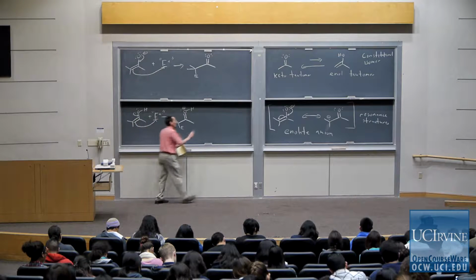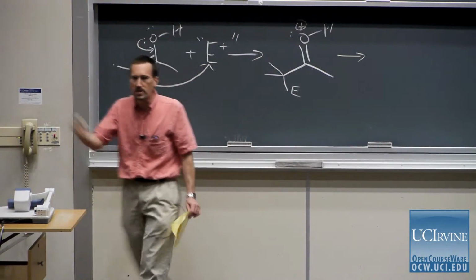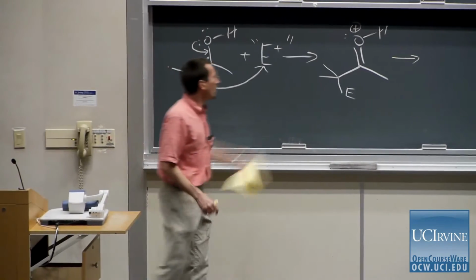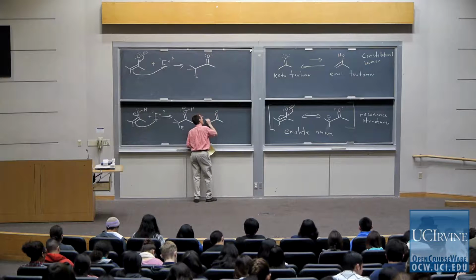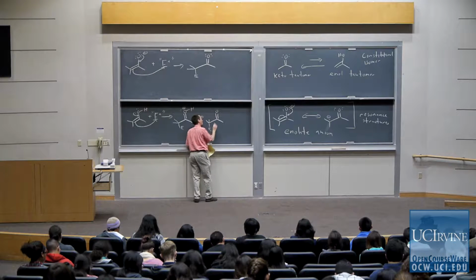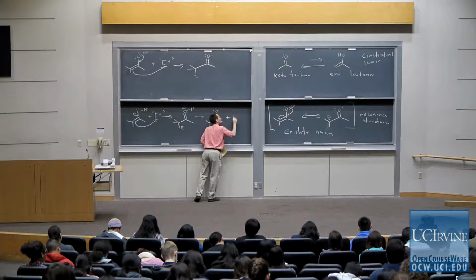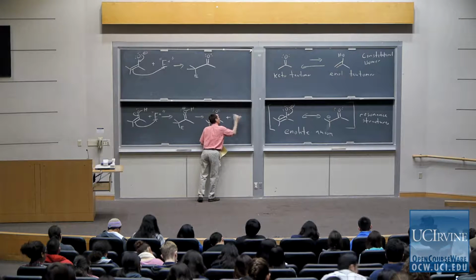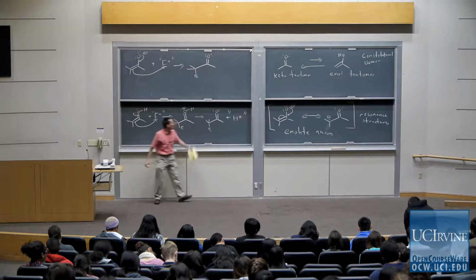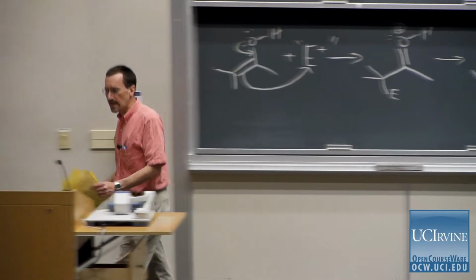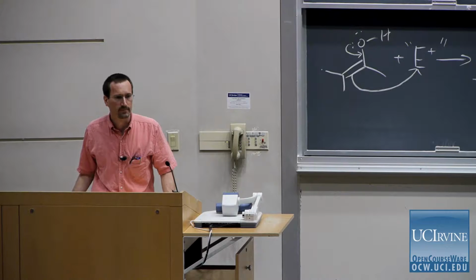Again, I'm talking very much in abstractions here, so I'm not talking about a proton just popping off, but a proton being taken off by base. And so at this point, we can imagine going ahead and getting to, and I'll write that proton in quotes because, again, one would envision something taking it off. So we can envision getting to the carbonyl compound that's reacted at the alpha position.